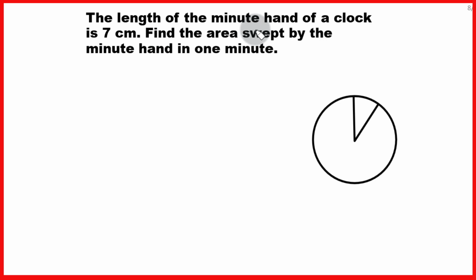Here is a question on the screen. The length of the minute hand of a clock is 7 centimeter. Find the area swept by the minute hand in 1 minute. Friends, we know that a minute hand describes an angle of 360 degree in 60 minutes, and therefore the angle described by the minute hand in 1 minute will be equal to 6 degree.